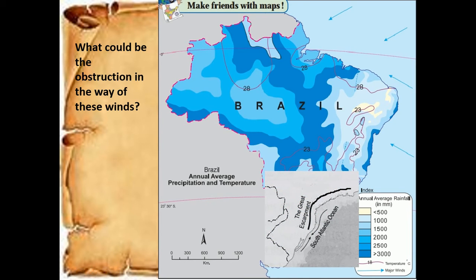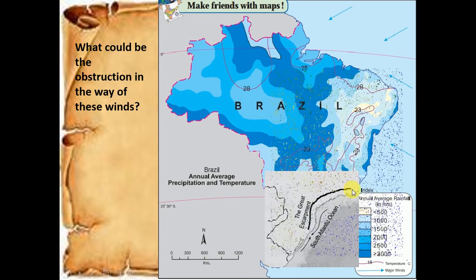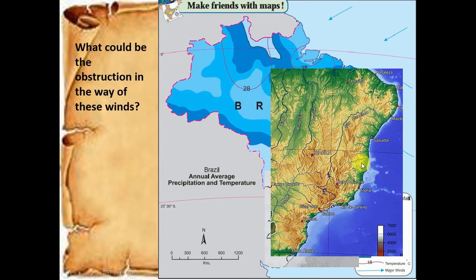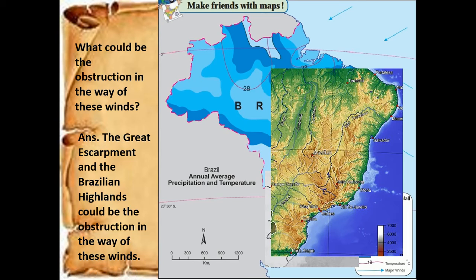You can see the escarpments shown to you and the Brazilian highlands. These two act as a barrier when the winds come from the oceans. So we can say the great escarpments and the Brazilian highlands could be the obstruction in the way of these winds.